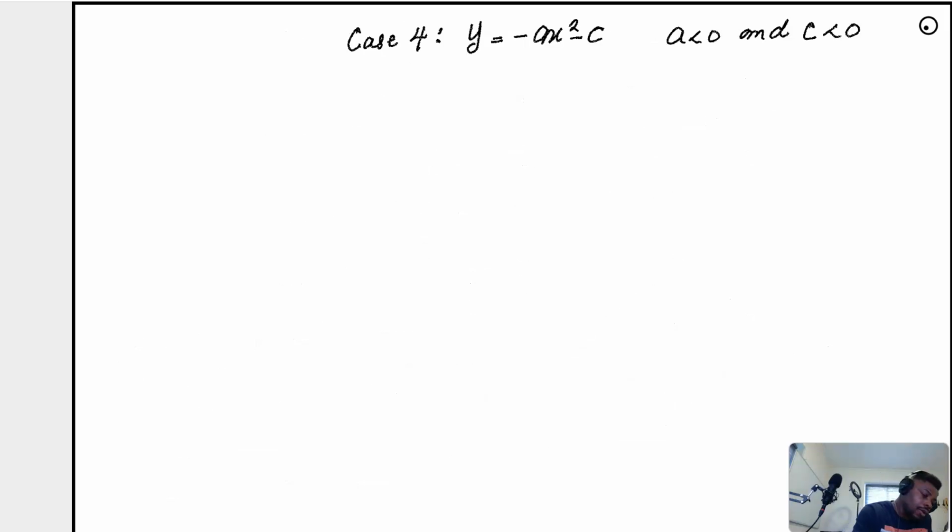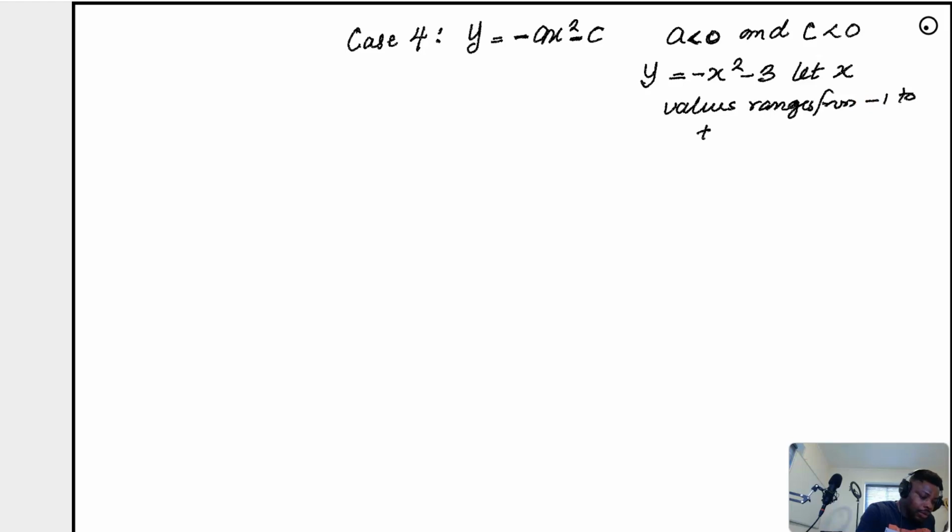Now, case 4, y is equal to minus ax squared minus c. That is, a is less than 0. You can see because a is minus here, and c is less than 0 because c is minus. So that simply means if I look at something like this, minus ax squared minus 3, let x values range from -1 to +1.